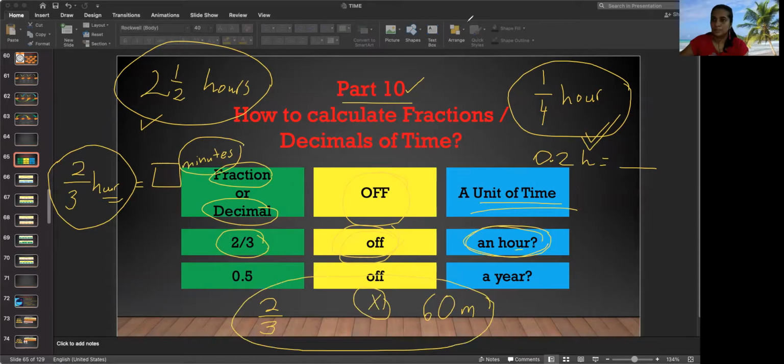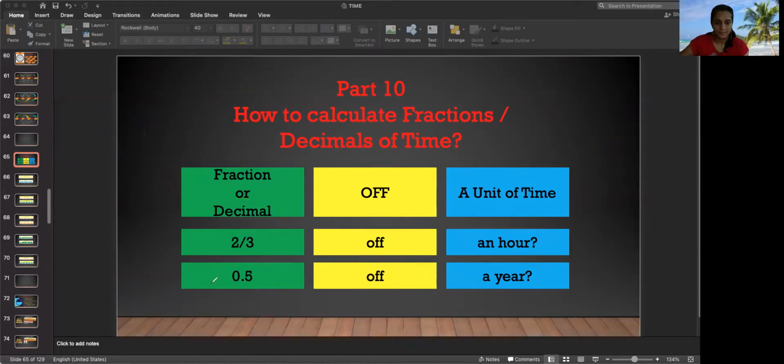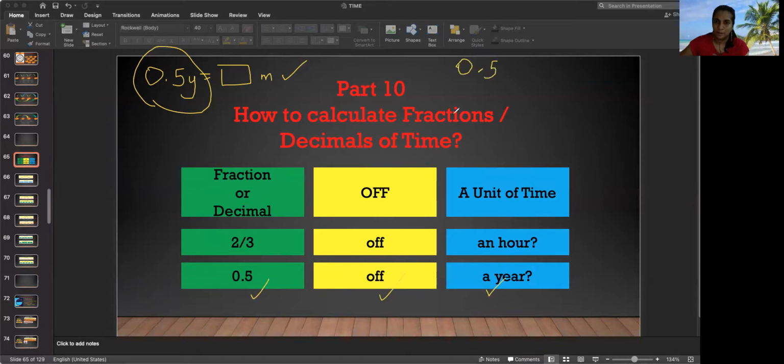Let's look at decimals. In your book, you would probably find, let's say, 0.5 years is equivalent to how many months? But when you read this question, you have to read it as 0.5 of a year. So I would write 0.5 of, which becomes multiplication.